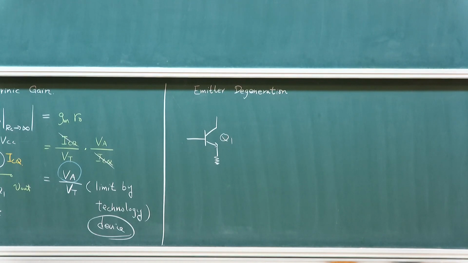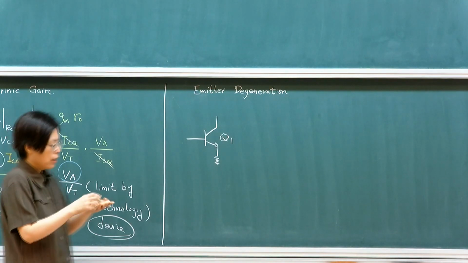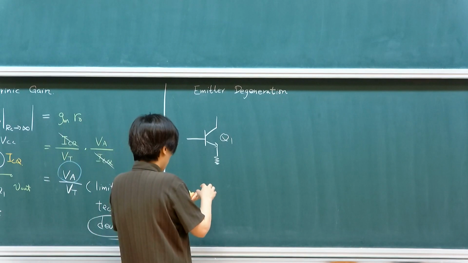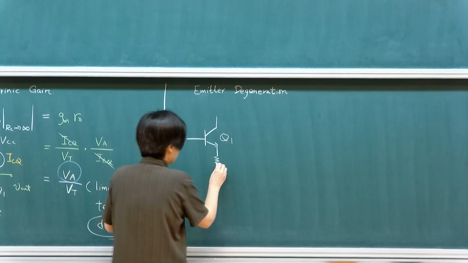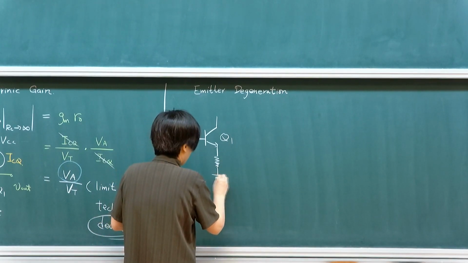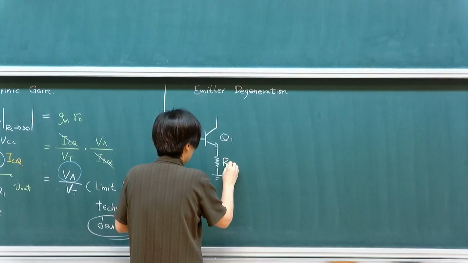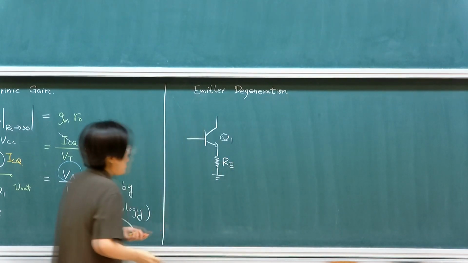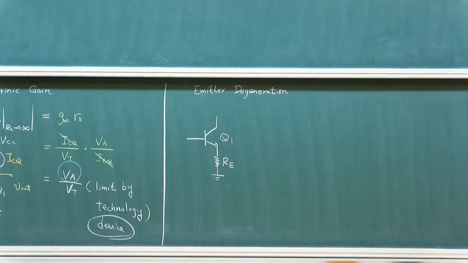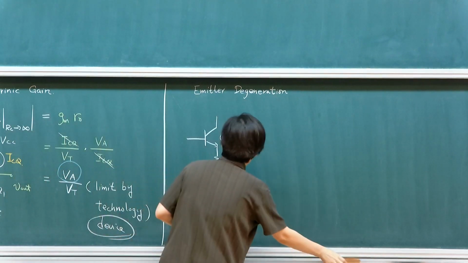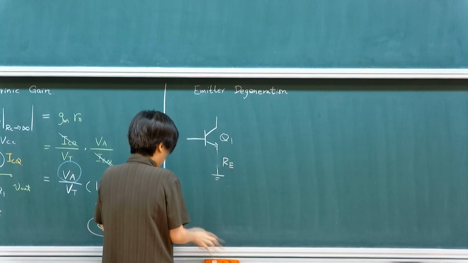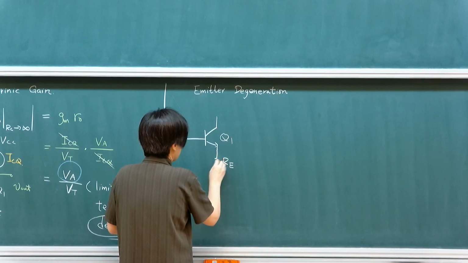How to tone down this sensitivity is by adding a desensitizing resistor at the bottom. So by adding a resistance at the bottom of the emitter terminal, before it connects to ground, this is called emitter degeneration.